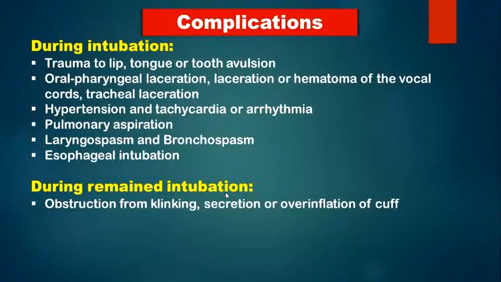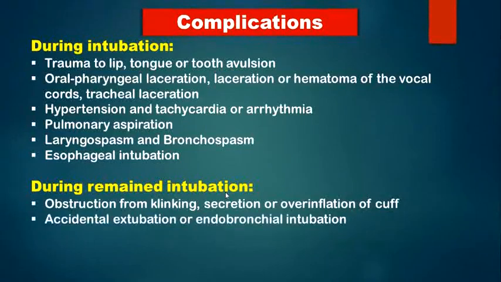So this is making a problem. Accidental extubation. Sometimes this has happened in the ICU. Sometimes the patient is intubated and there is accidental extubation, or the tube goes inside one of the bronchi, to the right or to the left.